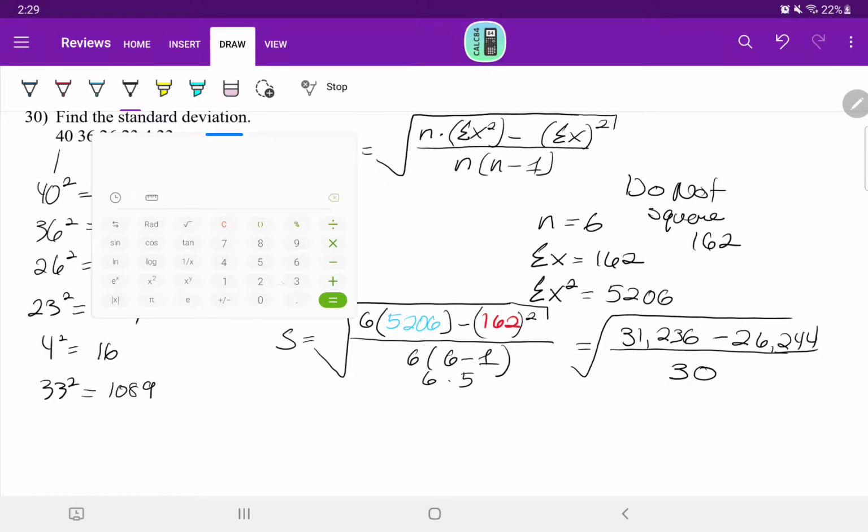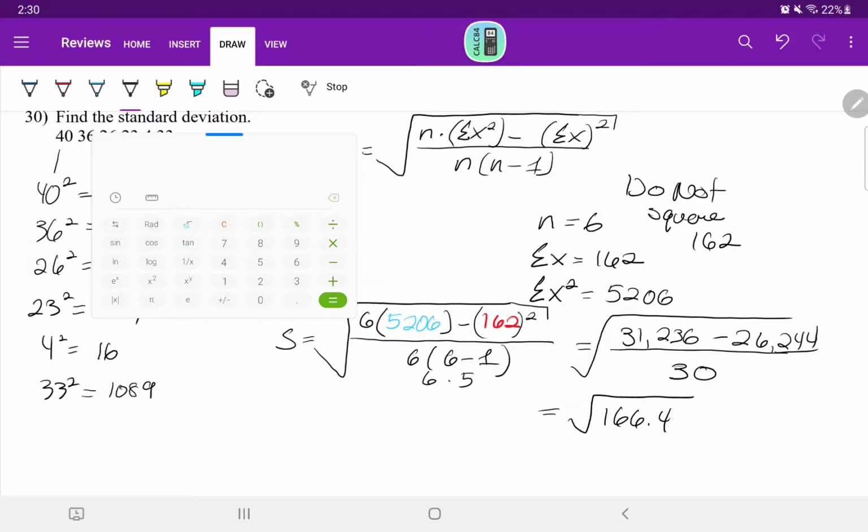Subtract the tops, 31,236 minus 26,244. Then we could divide that by 30 because of the 30 in my denominator. That's 166.4. And then we're going to apply the square root.